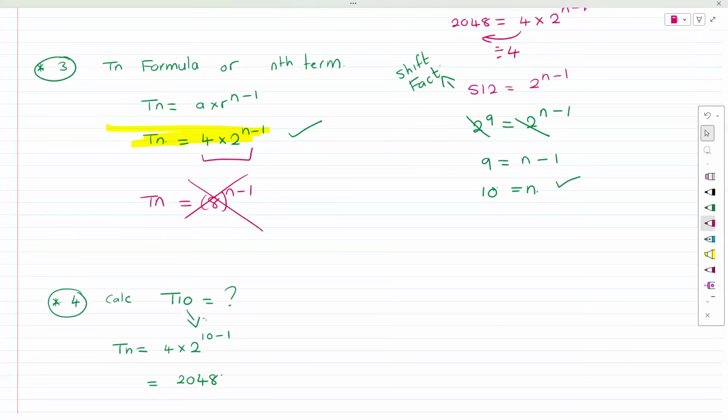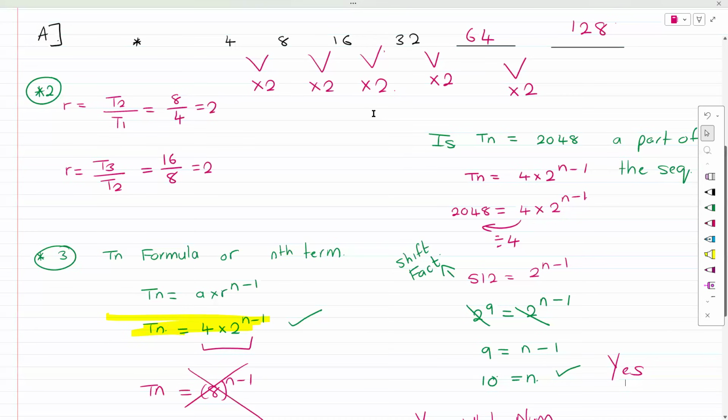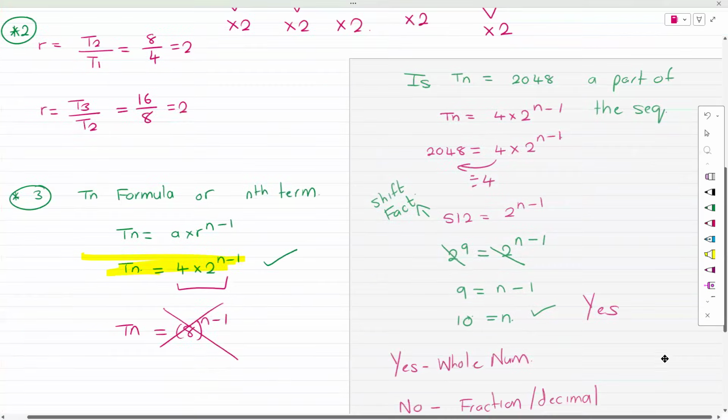Now what you would have to say is yes or no. You would say yes if you get a whole number, and you would say no if it's a fraction, or if it's like a decimal, right? So is this a part of the sequence? I would say yes.